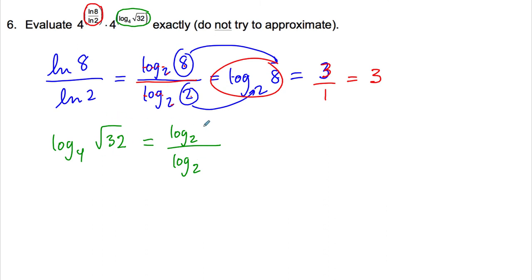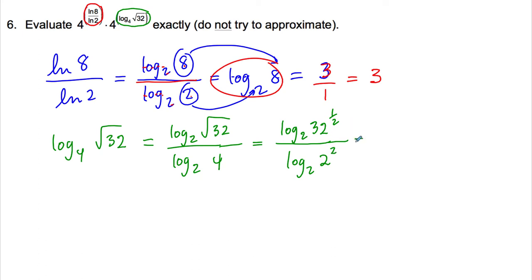And so the top exponent, the log base 2 of something, has as its power the square root of 32, and then the 4 goes in the denominator. And I'm just going to rewrite this as log base 2 of 32 to the 1/2. And log base 2 of, well, I could write 4 as 2 squared if I wanted to.